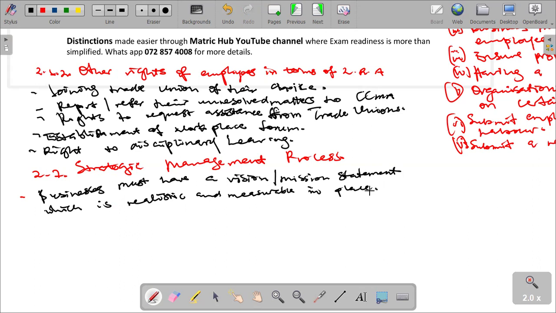Businesses must have this. We also talk about identifying opportunities and weaknesses in terms of its business operating environment.